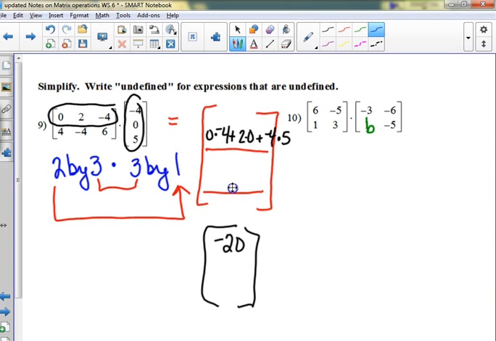Now I am in the second row of our only column, so I'm going to go back and take the second row and multiply it by our only column.